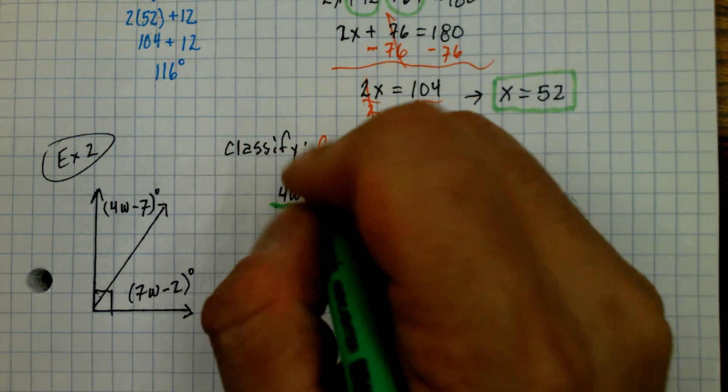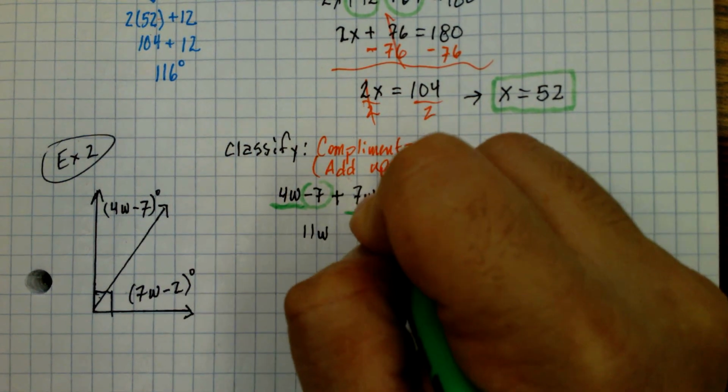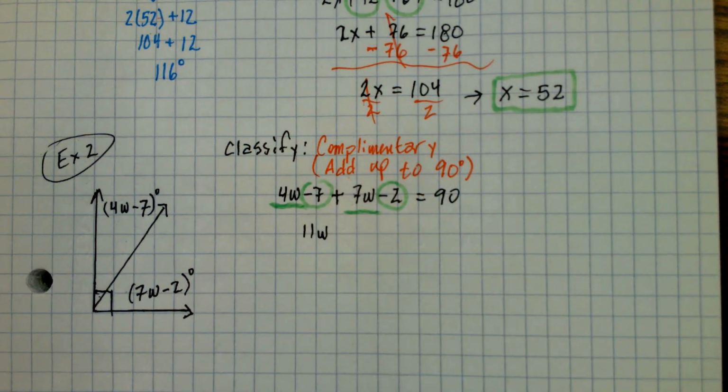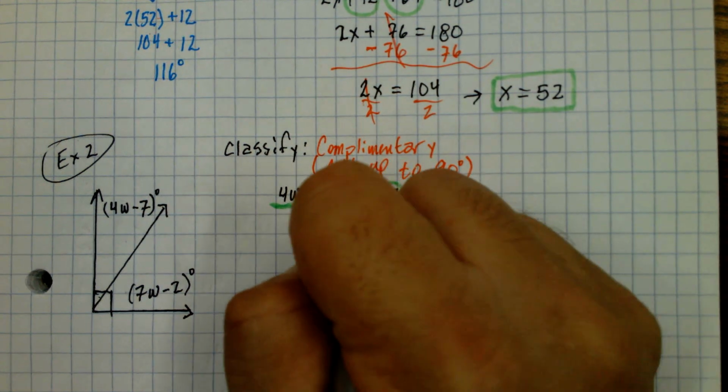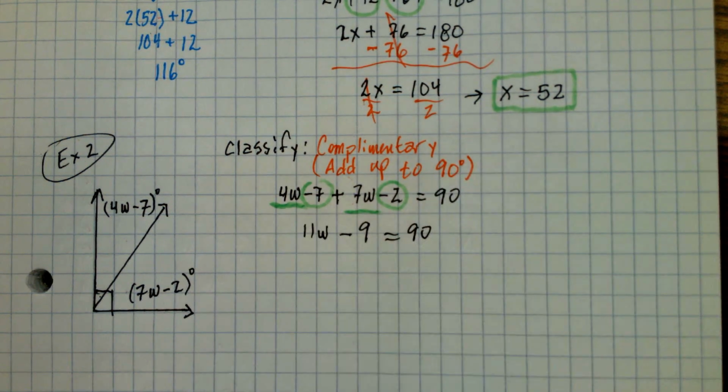Yeah, the constant parts, -7 and -2. I'll circle those. And that would be -9. Okay. So now we combine stuff. We end up with 11w minus 9 equals 90.